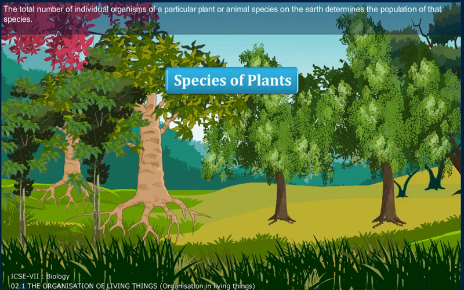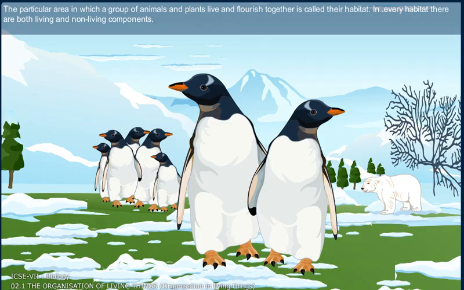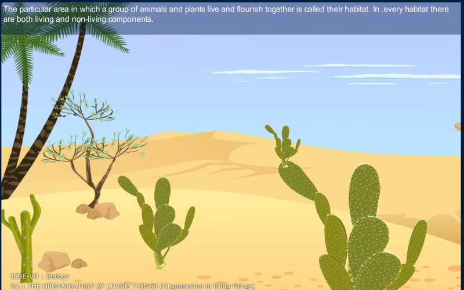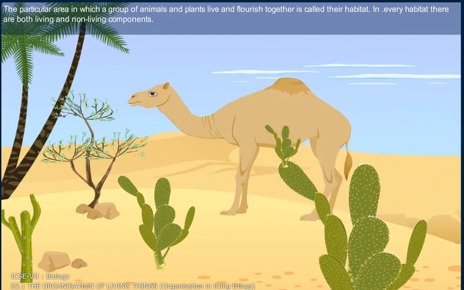The total number of individual organisms of a particular plant or animal species on the earth determines the population of that species. The particular area in which a group of animals and plants live and flourish together is called their habitat. In every habitat, there are both living and non-living components.